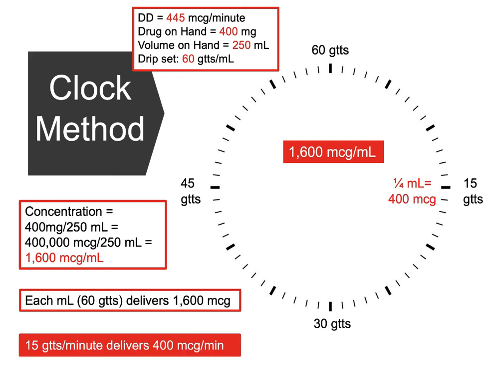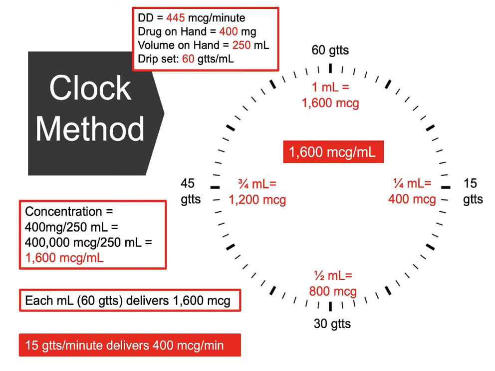So in the case of this person, we said we wanted to give 445 micrograms per minute. Well, if 1 milliliter gives us 1,600, then 1/4 of that, or 15 drops, gives us 400 micrograms. So you can see that to get there, you're going to know that 800 would be all the way down there at 30. Well, we said 445.